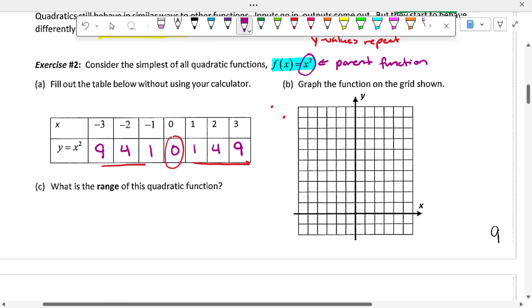So I have -3, 9, -2, 4, -1, 1, 0, 0. And if you notice, it's really easy to graph the other side because you should have the exact same y values. So they should line up with the y values on your left side.